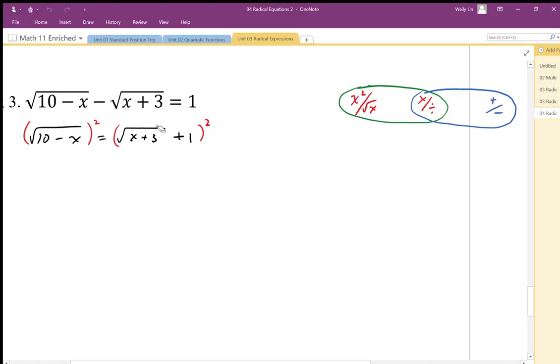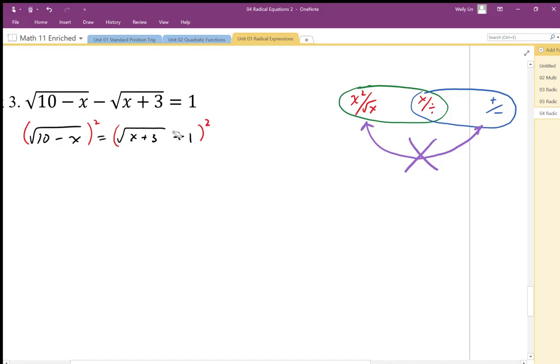So when I have a square here with a plus, I cannot just distribute that. When I had just squares and times and divide, that's possible. So it's important to understand that these are not compatible with each other, and we have to be careful whenever we have squares with plus and minus, like we do in this case.